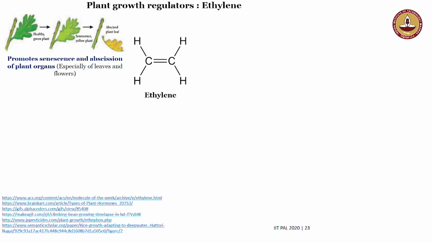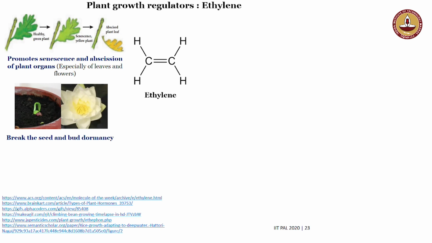One of the other plant growth regulators is ethylene. Ethylene is used by the plants to promote senescence and abscission of plant organs, especially of the leaves and the flowers. It breaks the seed and the bud dormancy.